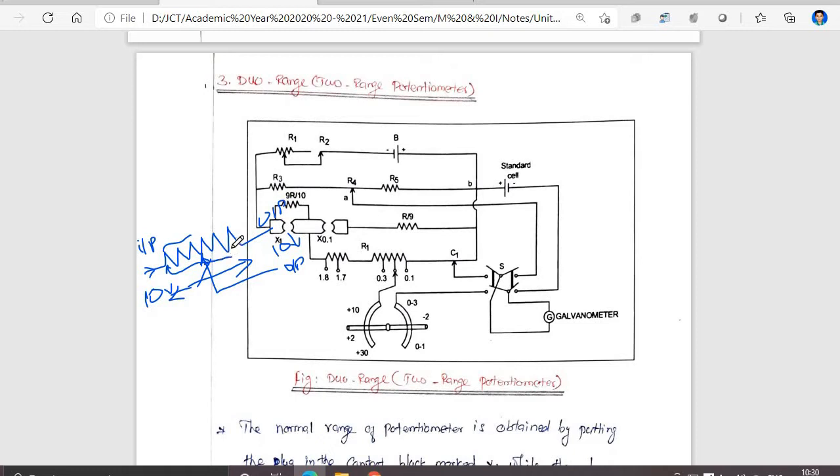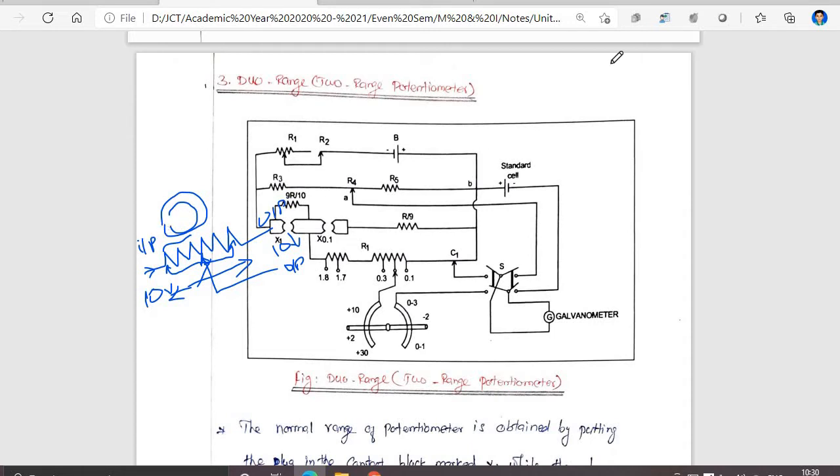Otherwise, if you connect here, the full resistance is added into the circuit, so we get the lowest voltage. Based on our required output voltage, we can adjust the sliding wire or sliding contact. Some potentiometers are of rotary type, so the contact moves on a circular path. The resistance varies, and based on the resistance value added into your circuit, the output voltage varies. This is the concept of the potentiometer.